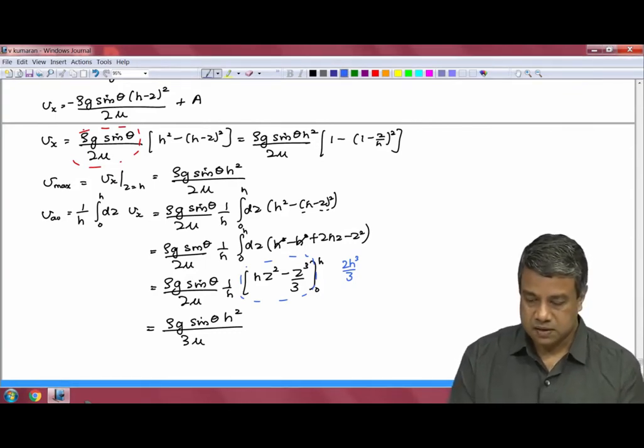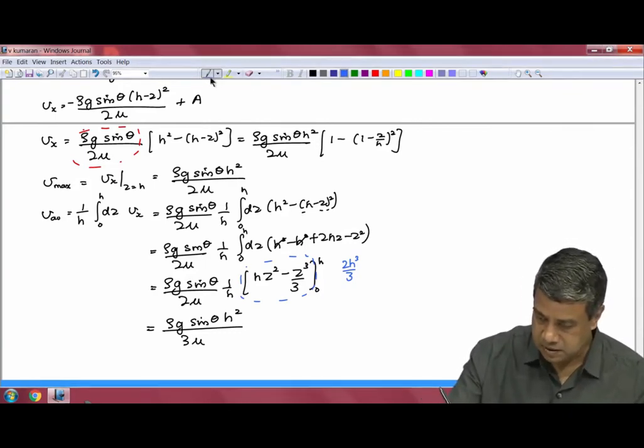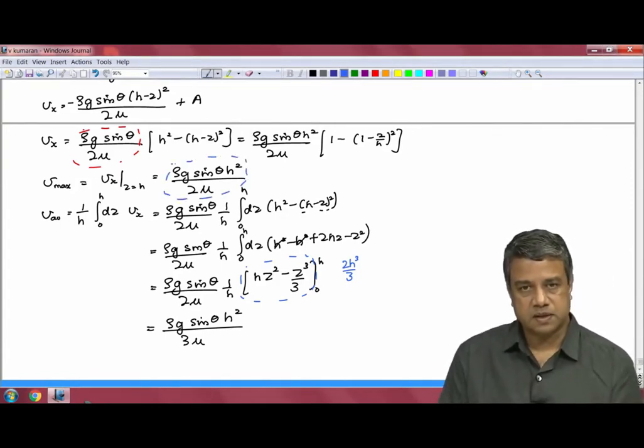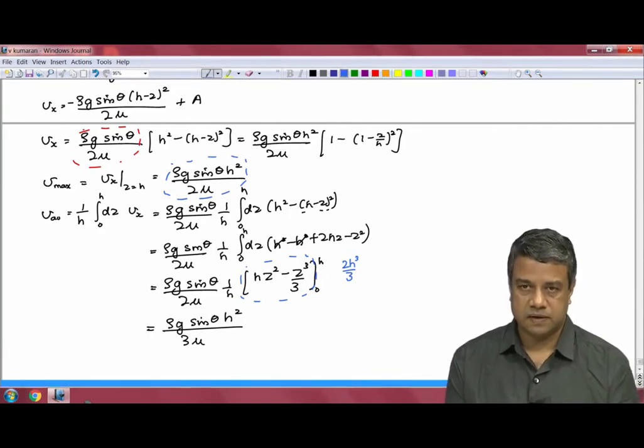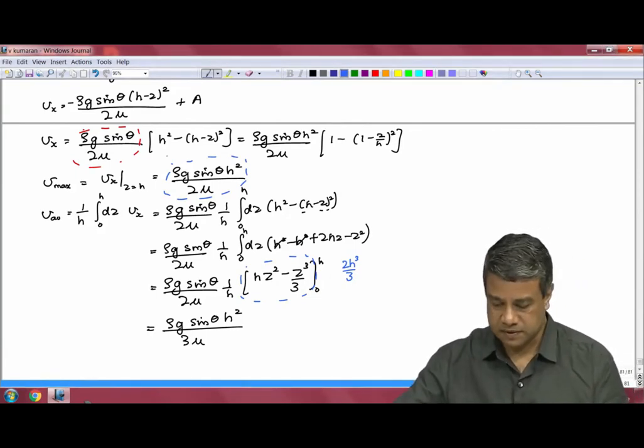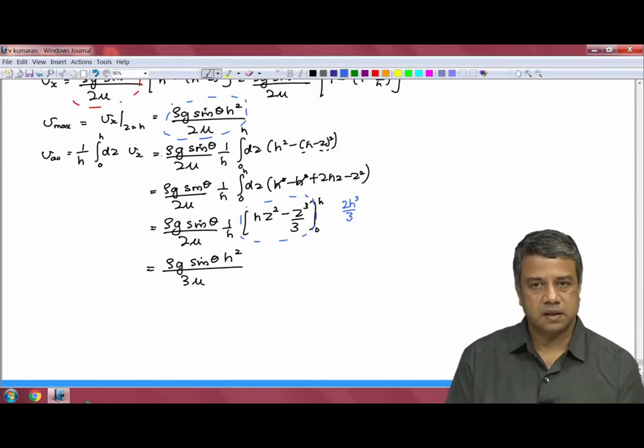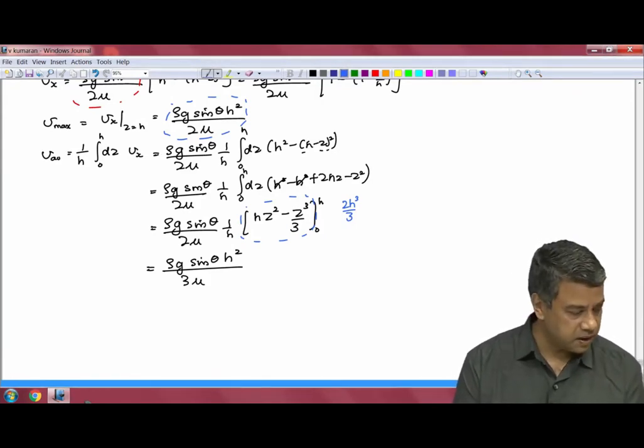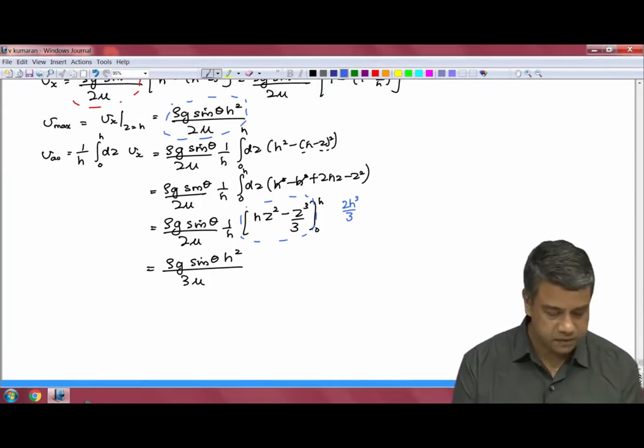So, therefore, the maximum velocity is 1.5 times, 3 by 2 times, the average velocity in this particular case, because the velocity profile is parabolic. So, there is a relation between the average velocity and the maximum velocity for this case.